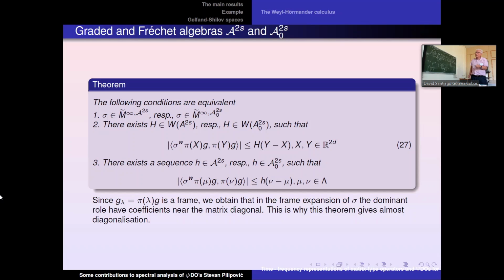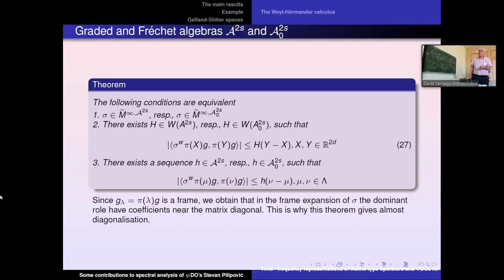This is always the same. But in the proof they use just tight frames. So you have this kind of diagonalization. You see, and then I will connect this kind of estimate with almost diagonalization.